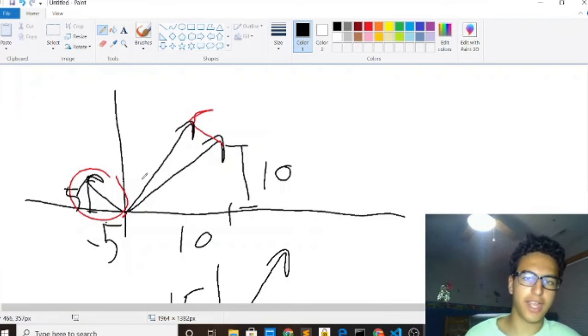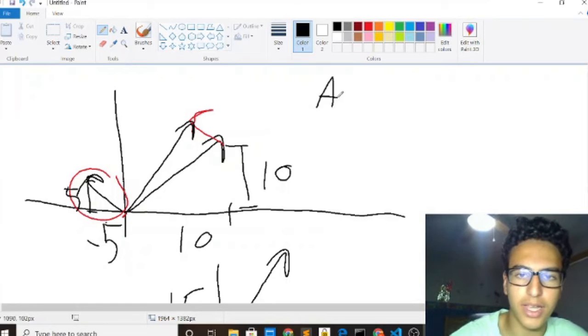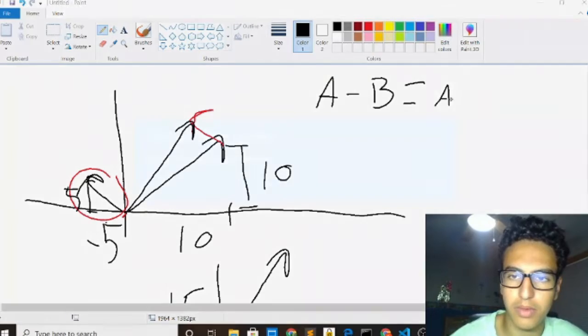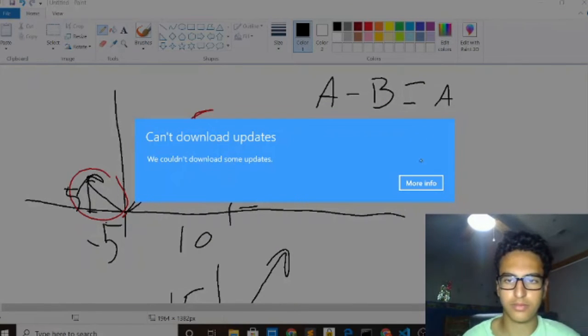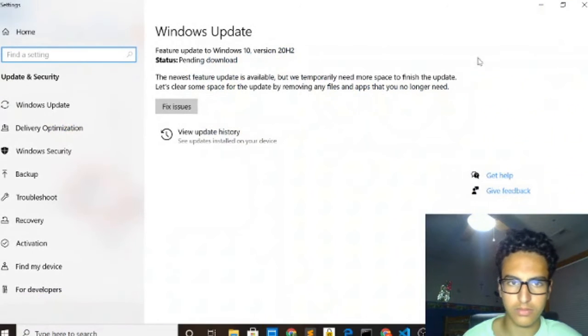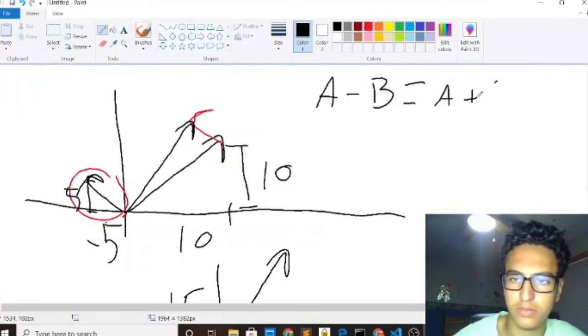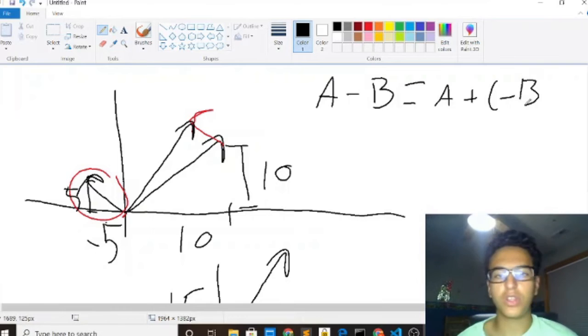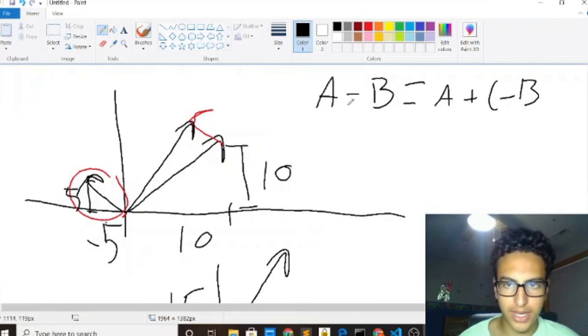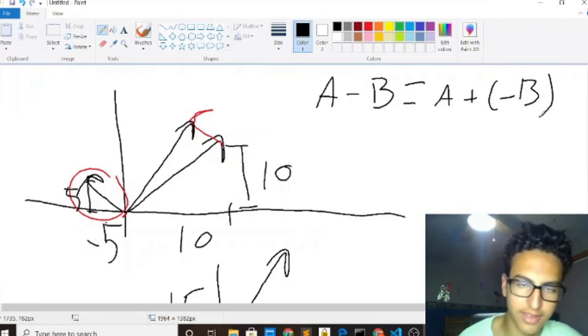Now what if we want to subtract? Well, we know if we have a minus b, that's the same as adding a plus a negative b.